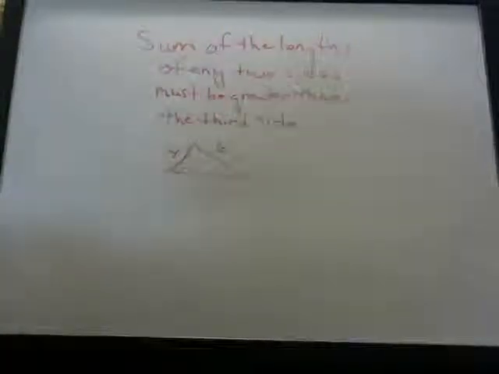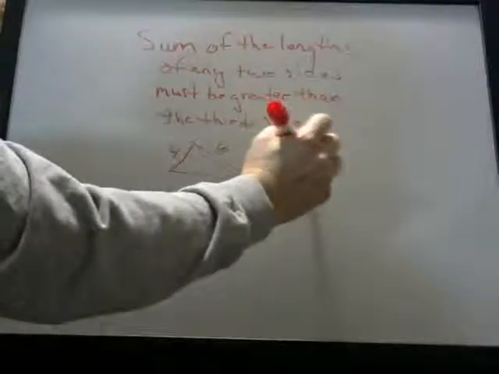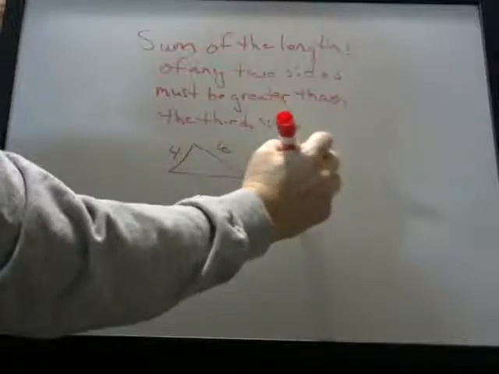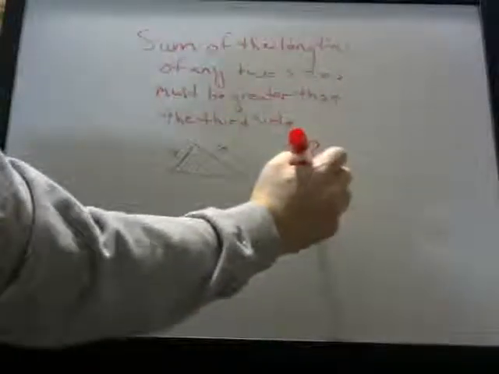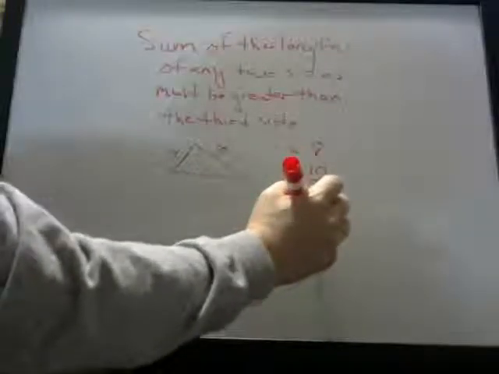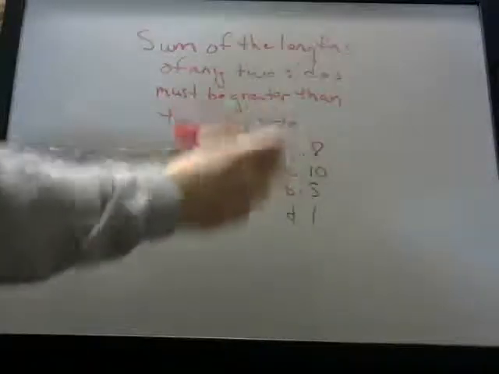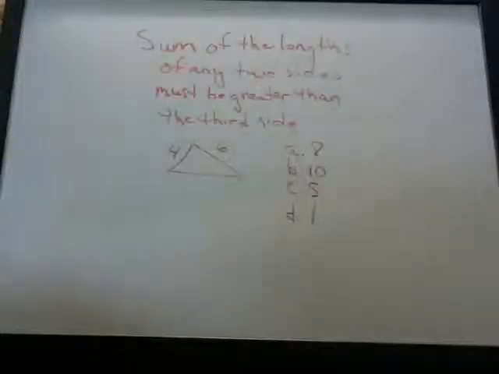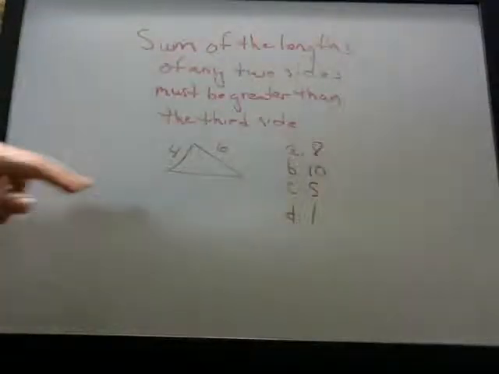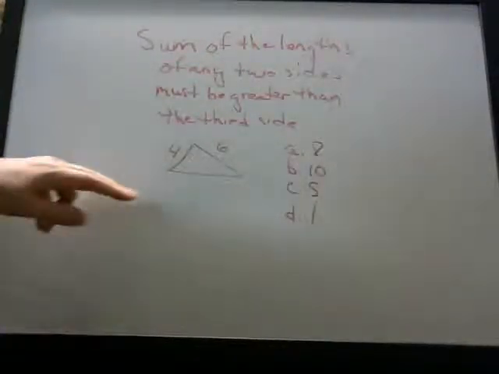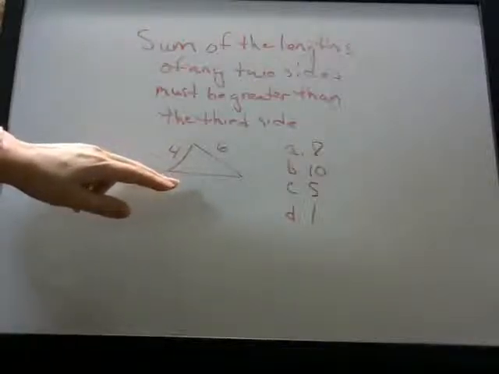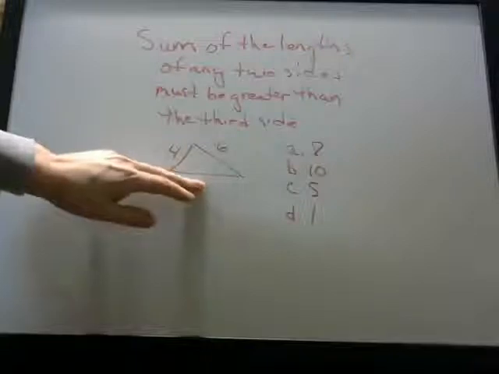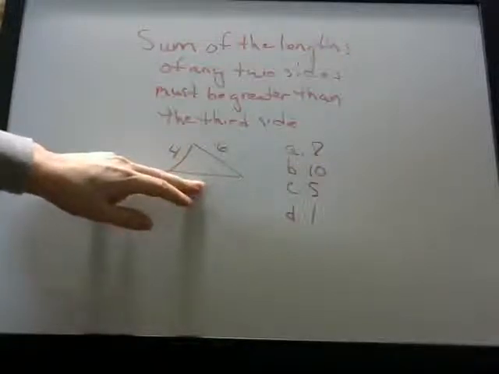They'll give you a multiple choice question saying, choice A would be 8, choice B would be 10, choice C we'll say is 5, and choice D is 1. Which of these, and there might be more than one answer, I'm just making this up. In the real test it would only be one answer, but just to drive home the point, what length could this be?